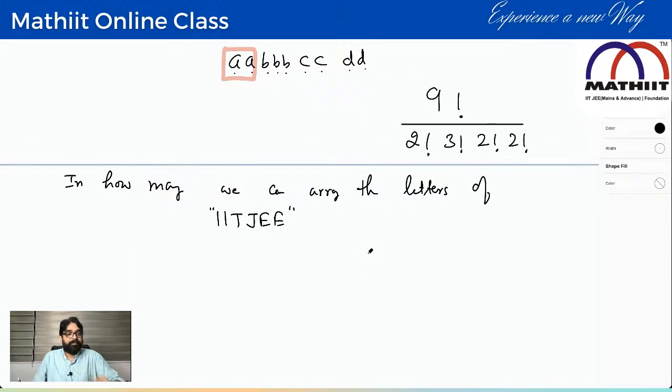Quickly, answer. Fast answer. In how many ways can we arrange the letters of IIT JEE?